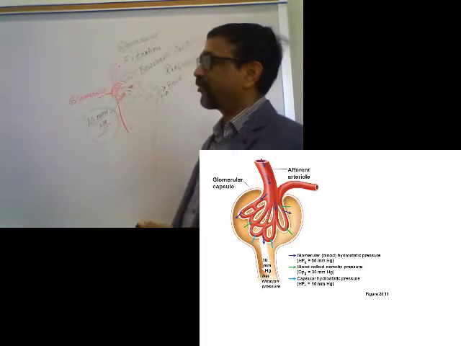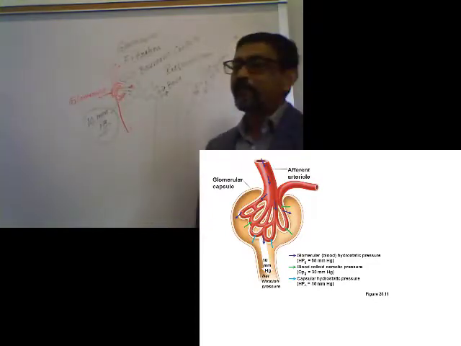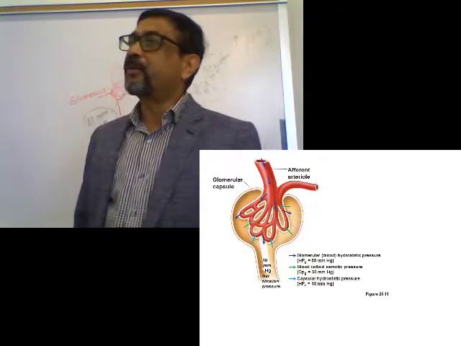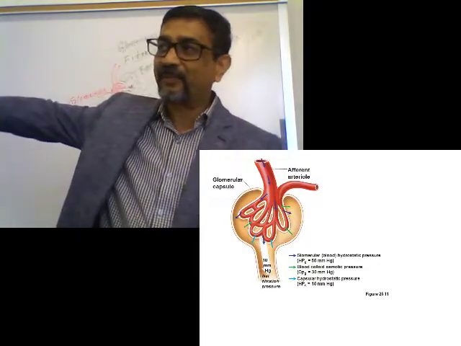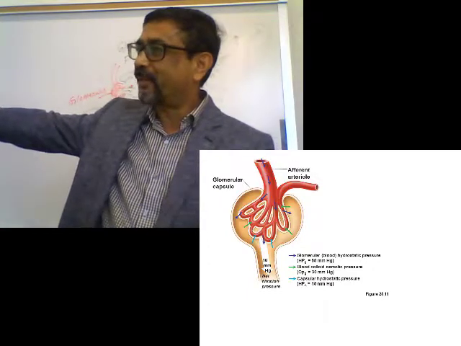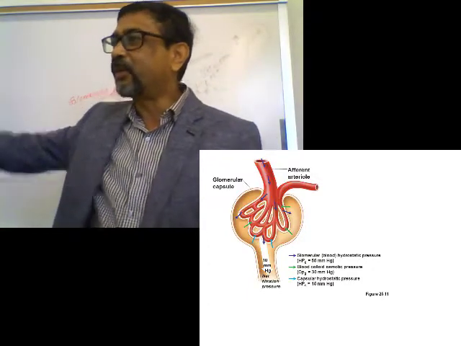That causes the filtration. Now you tell me, if the colloidal osmotic pressure becomes 40 here, just do the math. If the colloidal osmotic pressure becomes 40, then what will happen?